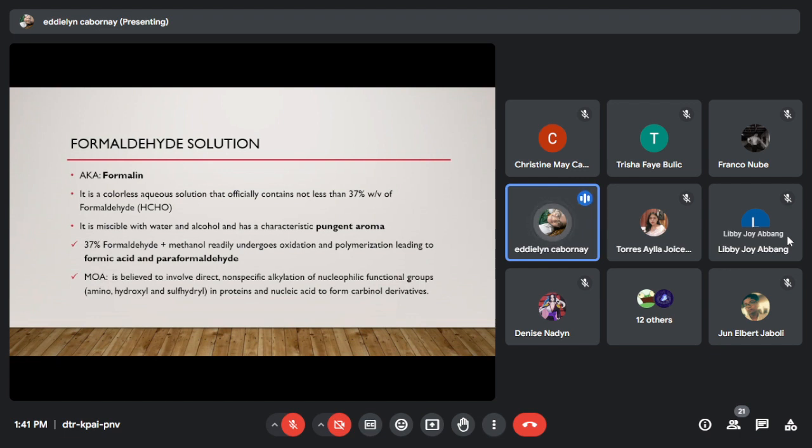Okay, so if pure formaldehyde is ingested into your body, it can be a carcinogen or cause cancer in your body. It depends on the concentration that you ingest. So if it gets on your skin, it causes contact dermatitis.